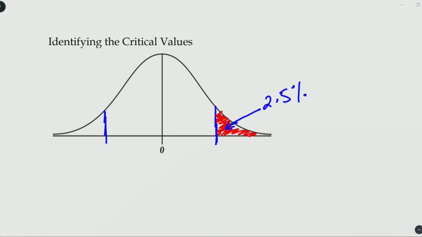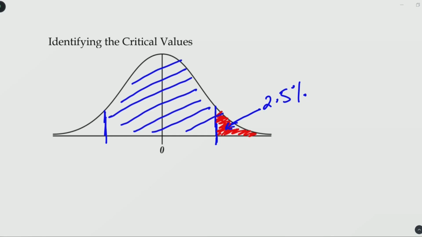Now if you observe this blue area, this is going to be 95%, correct? And this side is again another 2.5%.